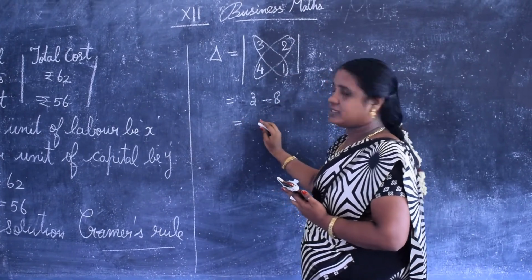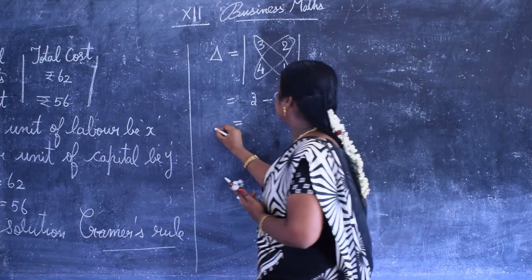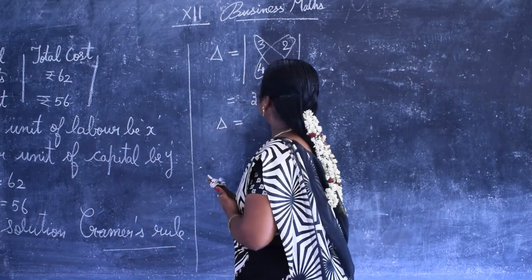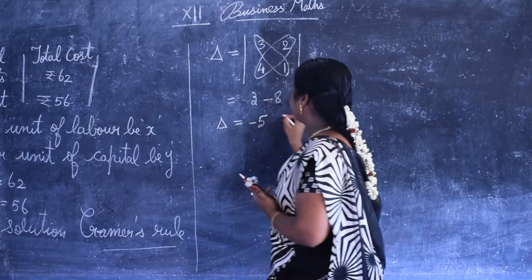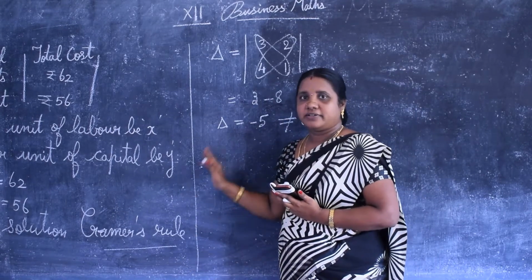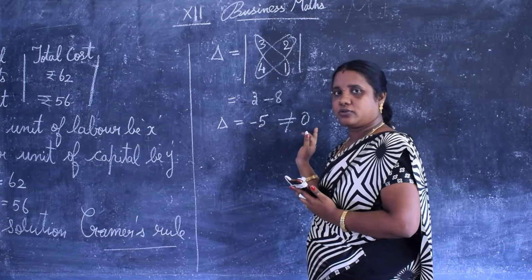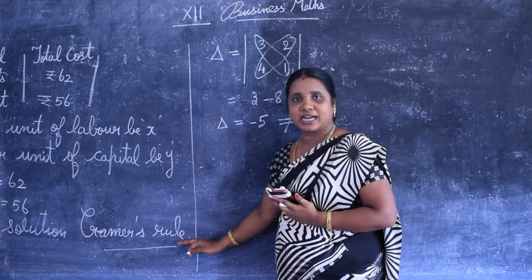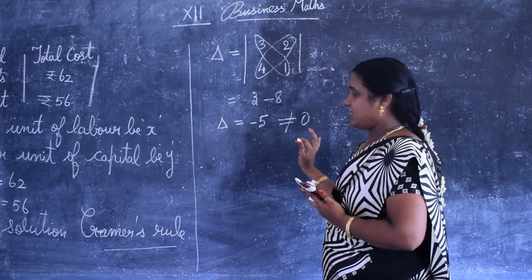So what is 3 minus 8? Delta value is minus 5. This is not equal to 0. To use Cramer's rule, delta should not be equal to 0. If it is 0, we can't use Cramer's rule. Here we got minus 5.